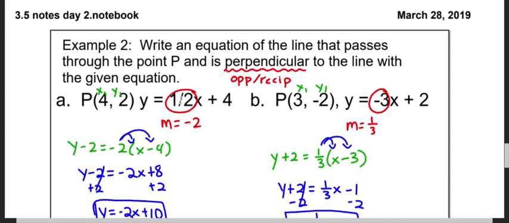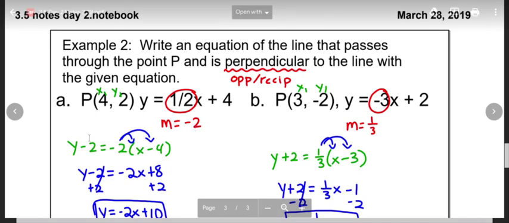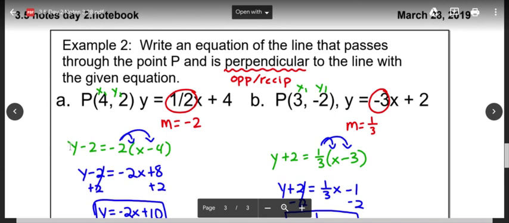We want perpendicular to that, so we need to change the sign to a negative. Since this was positive, it becomes negative, and we flip the fraction so it becomes 2/1 instead, so our slope is -2. Then use point-slope form to plug in your point.